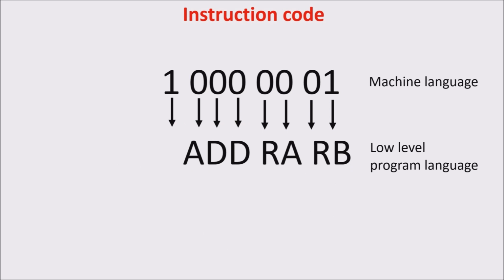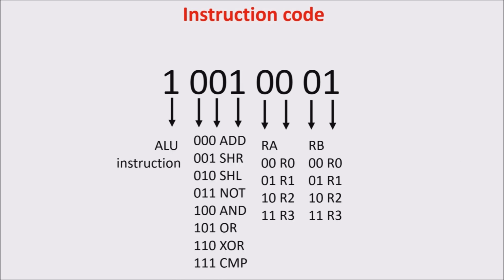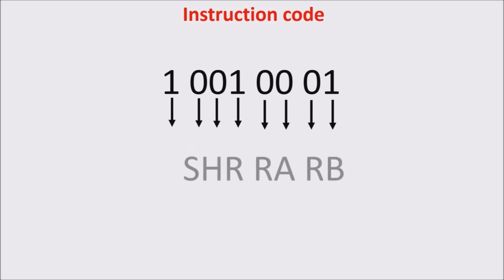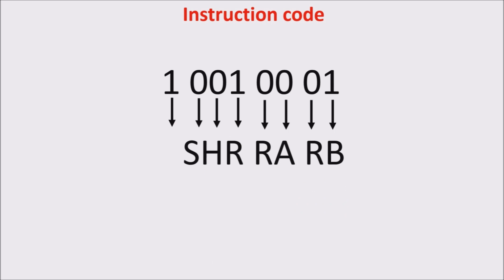This way is more readable and understandable to a human being, with respect to reading 1s and 0s. If we change the opcode to 10010001, it means shift R0 right and put the result in R1, or more generally, shift RA right and put the result in RB.